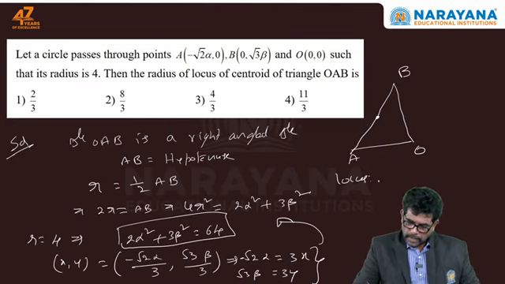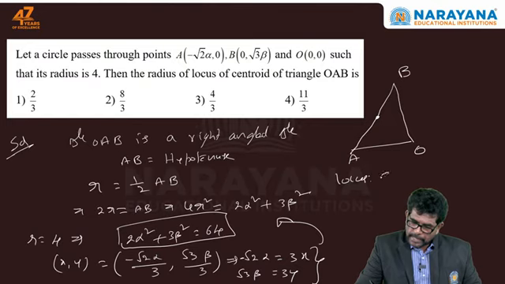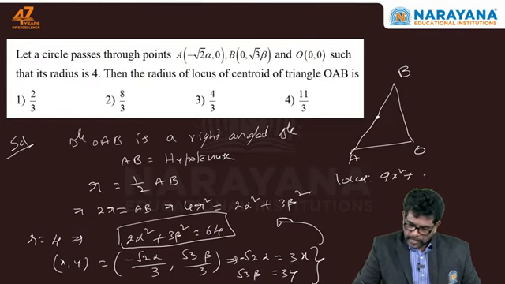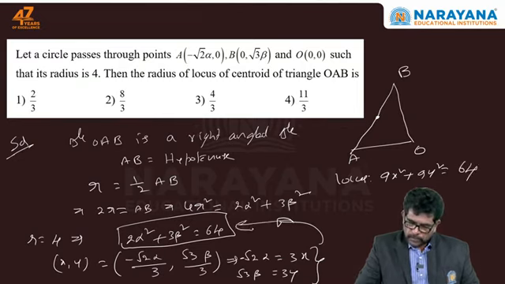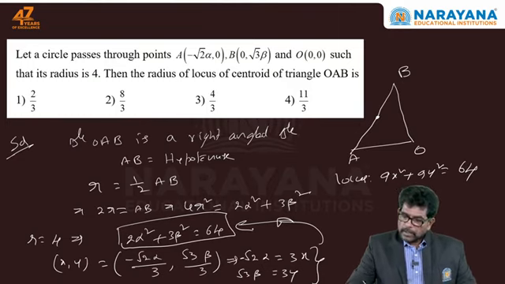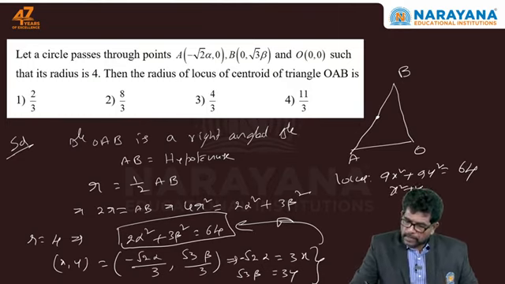Locus is here 2 alpha square, which means 9x square, plus 3 beta square, which means root 3 beta is equal to 3y. So 3 beta square is equal to 9y square is equal to 64. Substitute in this equation. Now here x square plus y square is equal to 64 by 9.